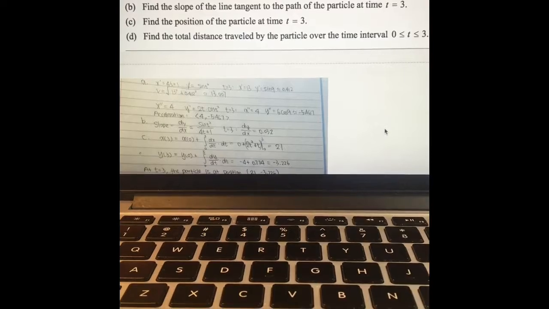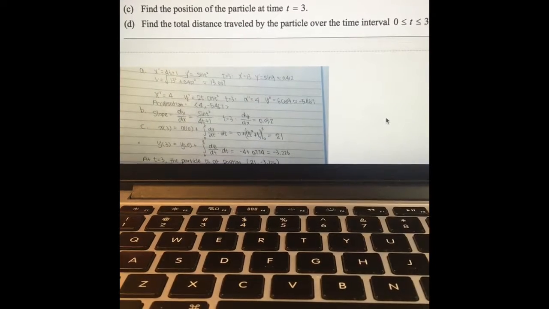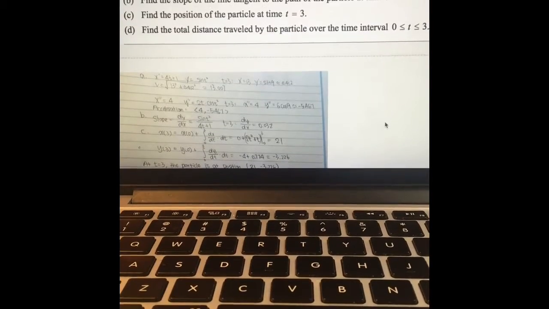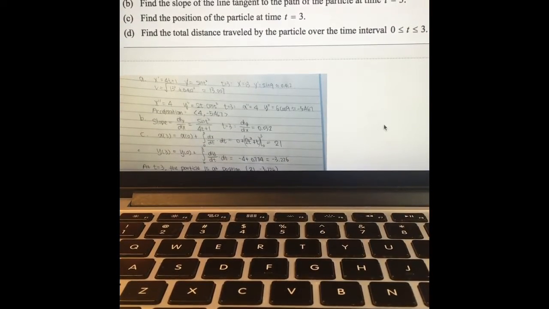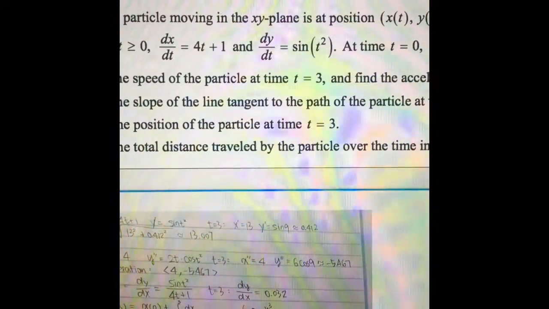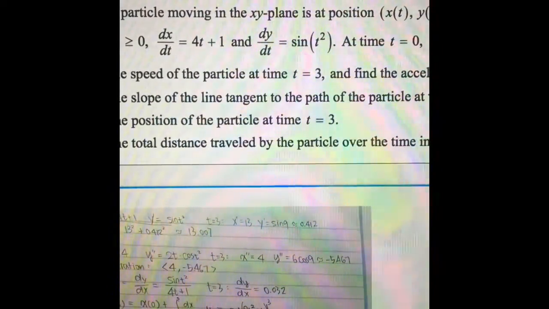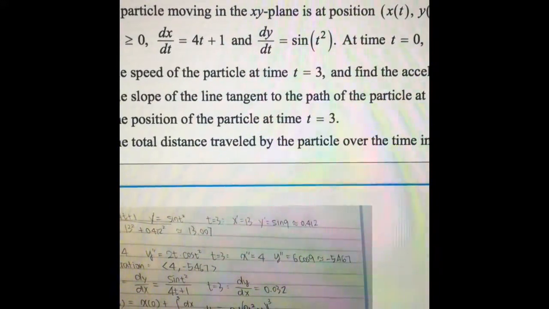In question B, it asks us to find the slope of the line tangent to the path of the particle at time t equals 3. To find the slope, we know slope is dy over dx. In the question, we have dy over dt and dx over dt, so we divide them and we will get dy over dx.